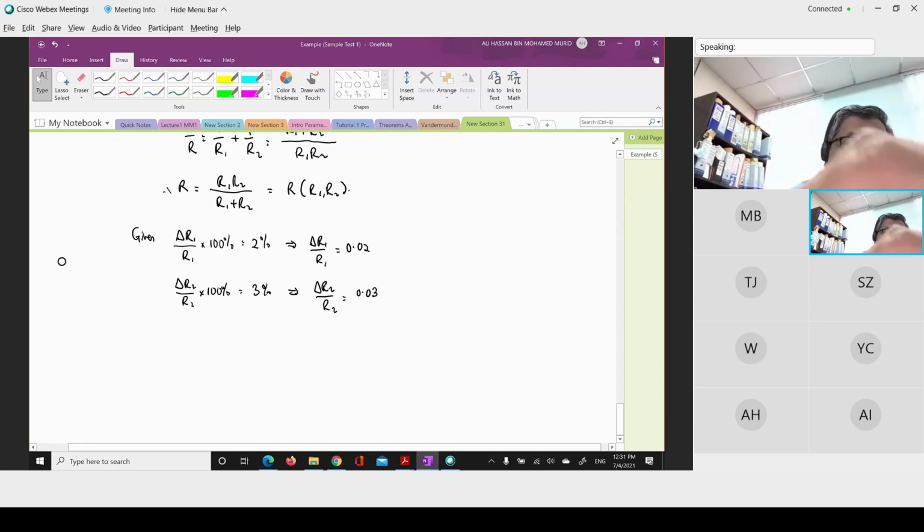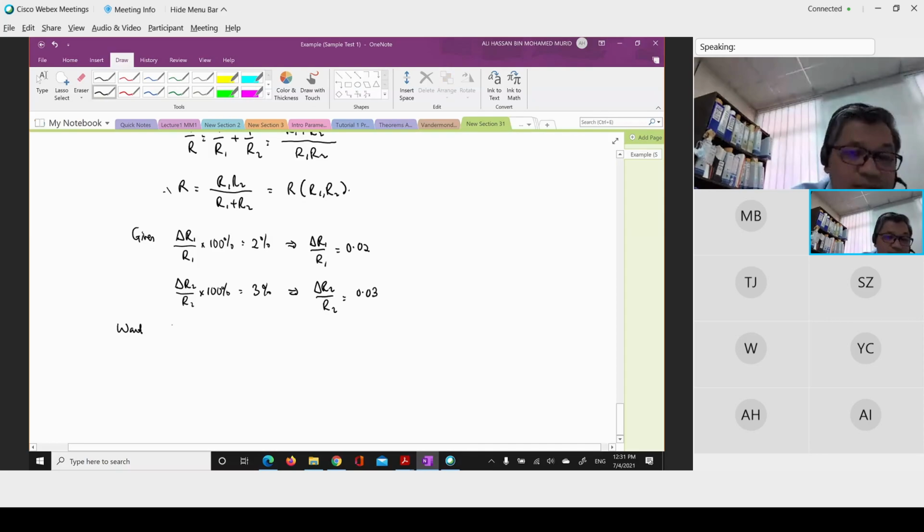Okay, what is it that we want? We want to approximate delta R over R. This is what we want.